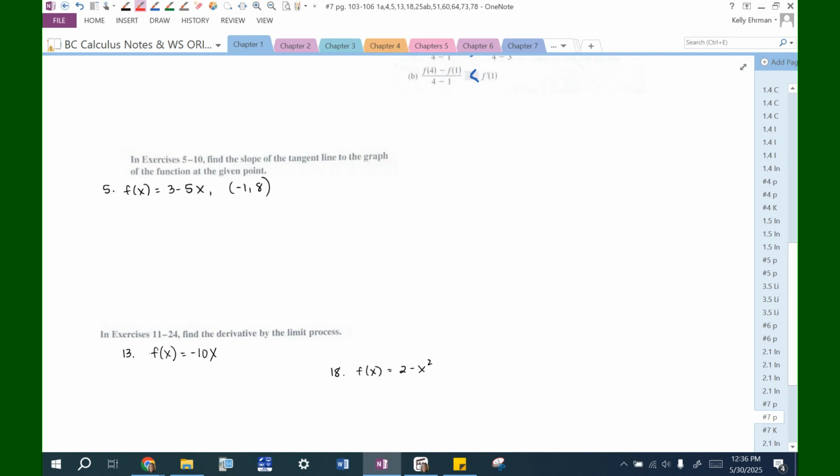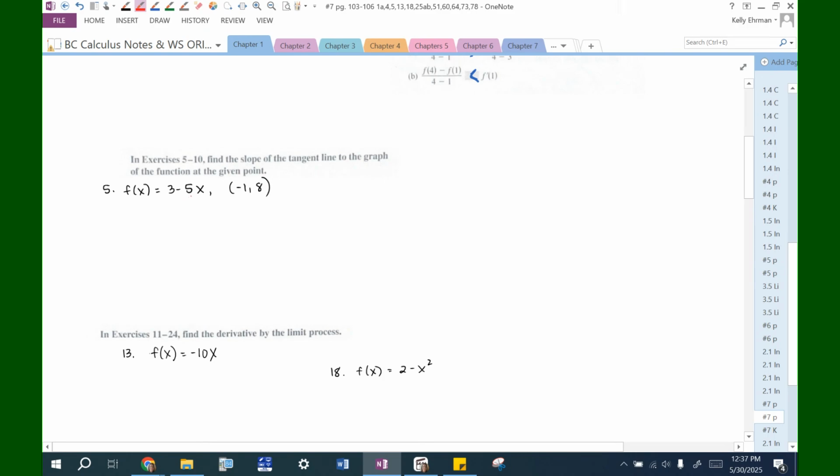All right, number 5. Find the slope of the tangent line to the graph of the function at the given point. So find the slope of the line tangent. Now, we have a linear function right here. So if I'm finding the slope of the tangent line, the slope of the tangent line is just this slope.